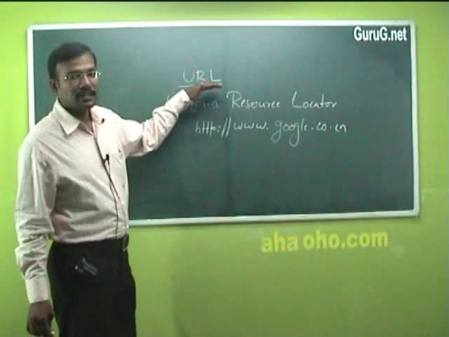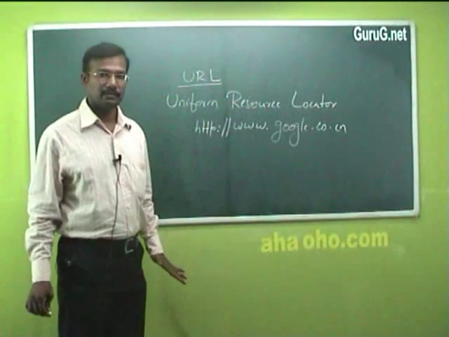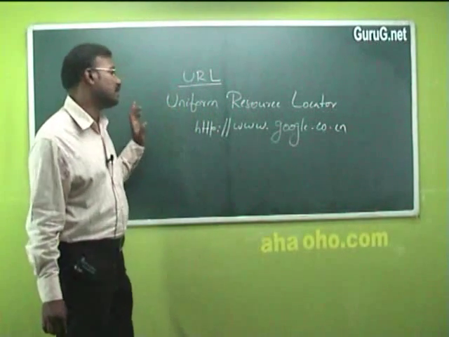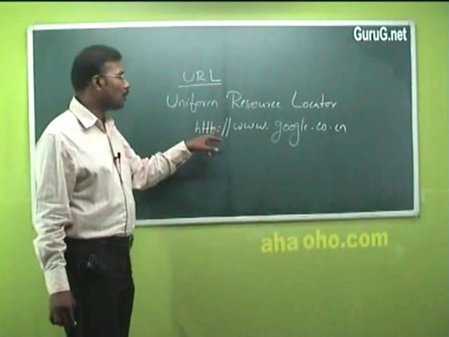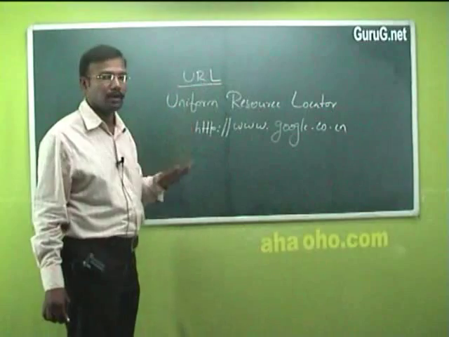URL is the abbreviation of Uniform Resource Locator. Now we will see one example, and we will divide it into parts. http://www.google.co.in.